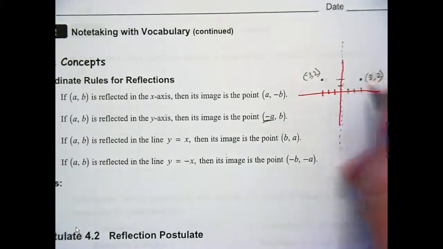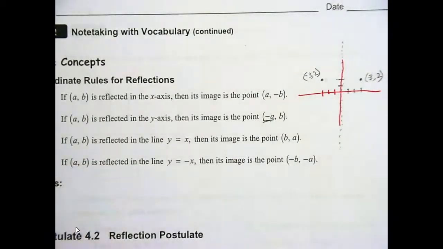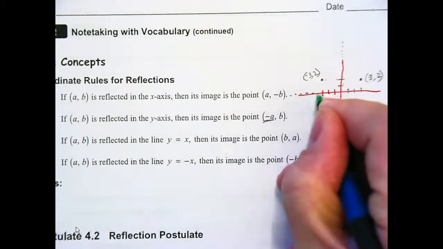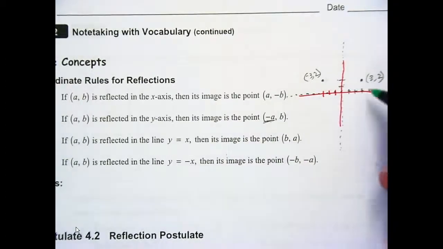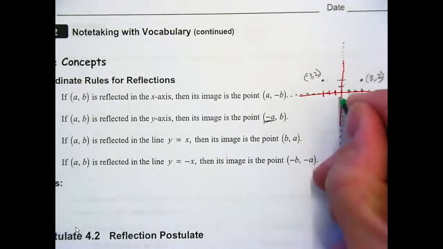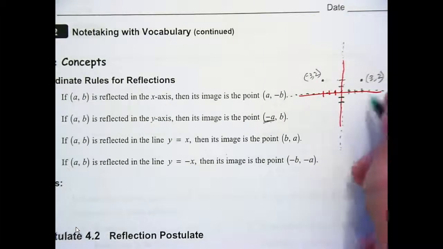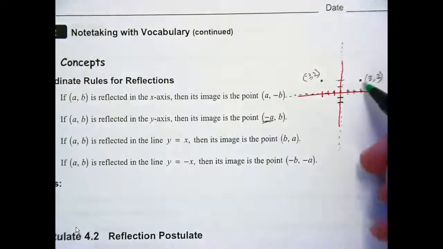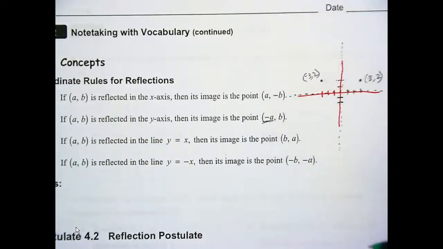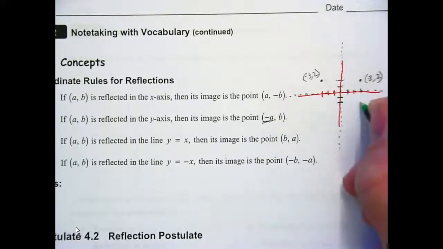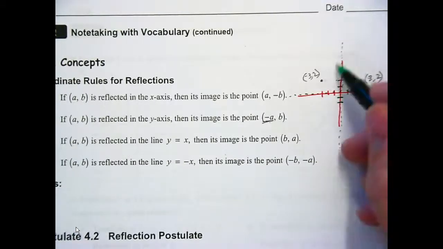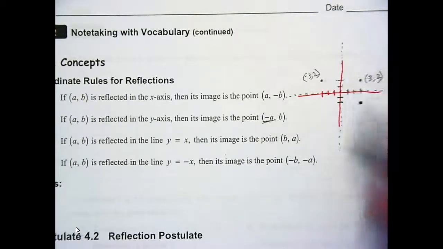The same thing goes if I reflect across the x-axis. If I move this point downward, am I changing vertically or horizontally? Vertically, and the axis that measures vertically is your y-axis.